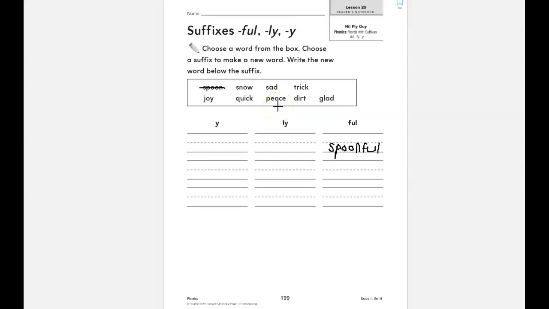For the word peace, which suffix ending would you add? E, ly, full. Write the word peace with its new ending underneath the correct category. For the word dirt, what ending would you add?